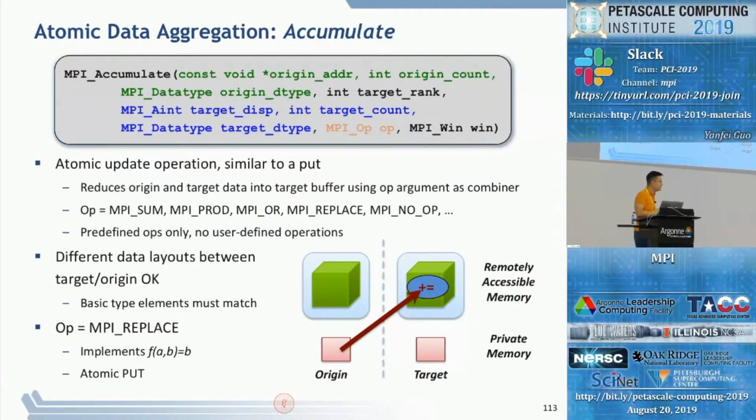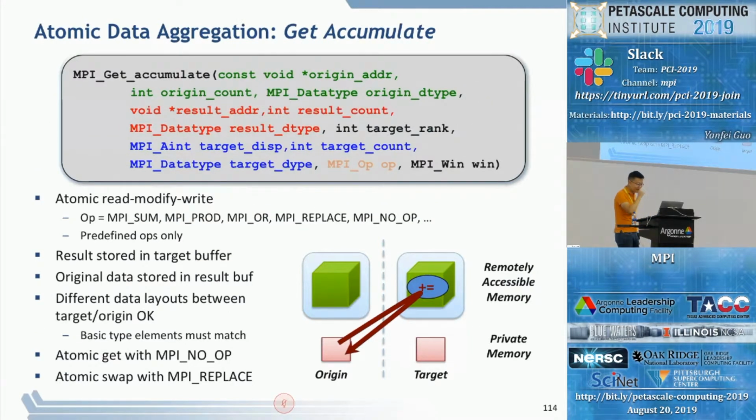Any more questions? Okay, so the next one is get accumulate. This is a little bit more complex. Still we have the green and blue, the origin buffer and the target buffer, but now we also have a result address.